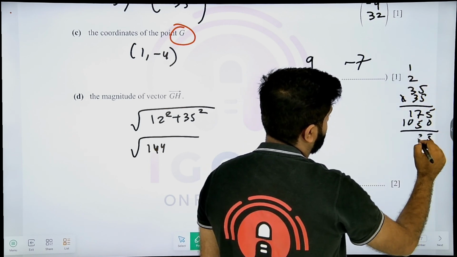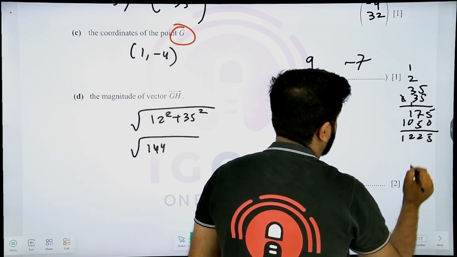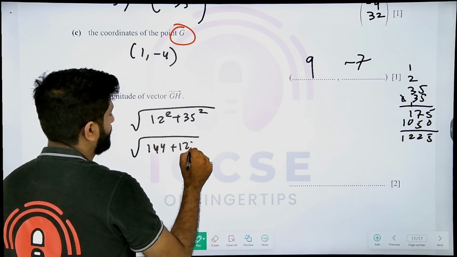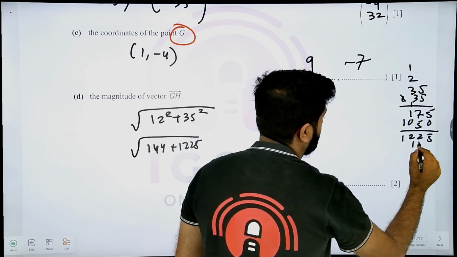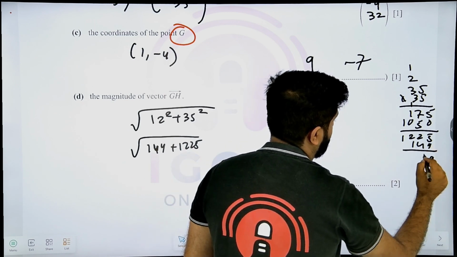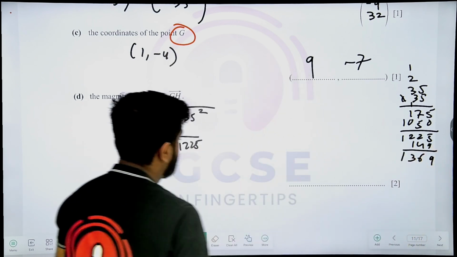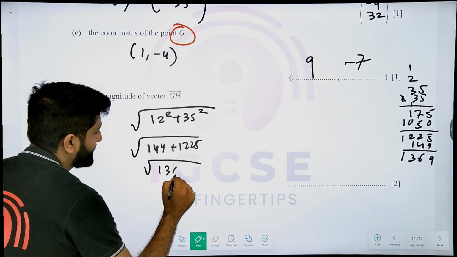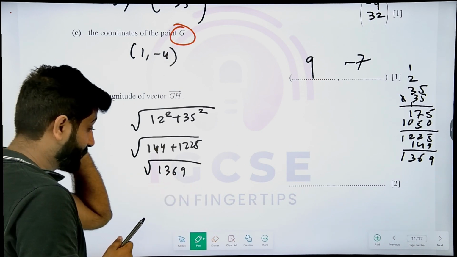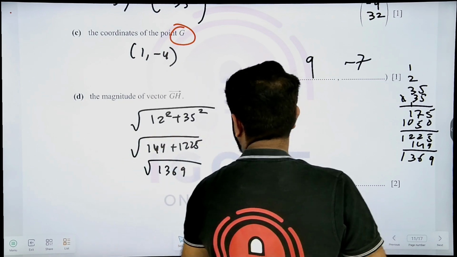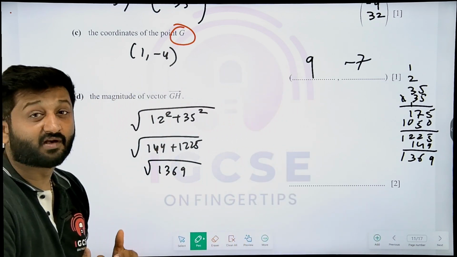So 1225, and I have to add this with 144. So you have 1369. Root of 1369. Always check whether this is matching with any other root or not.